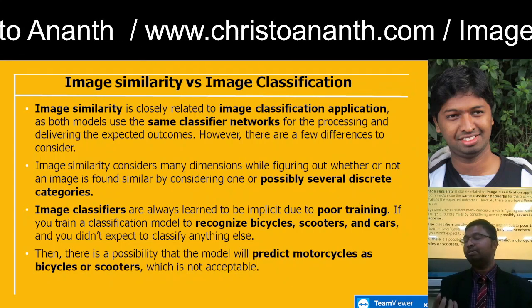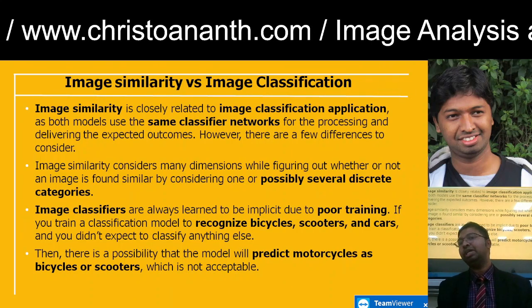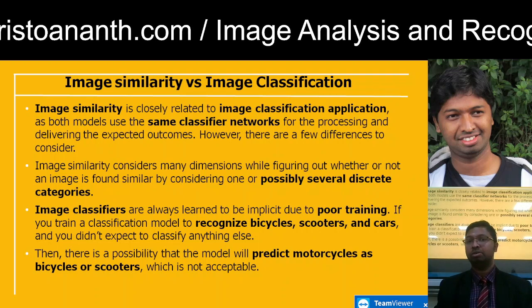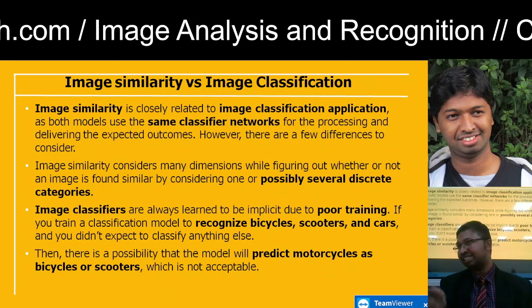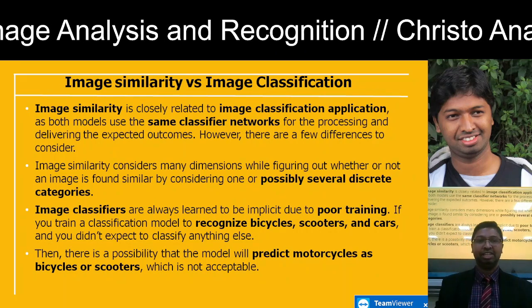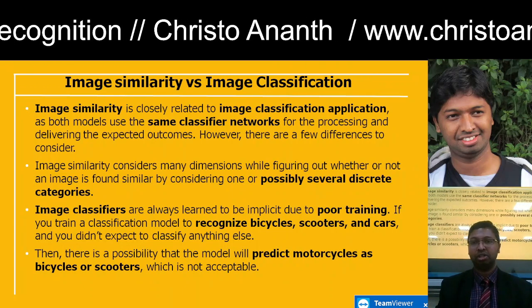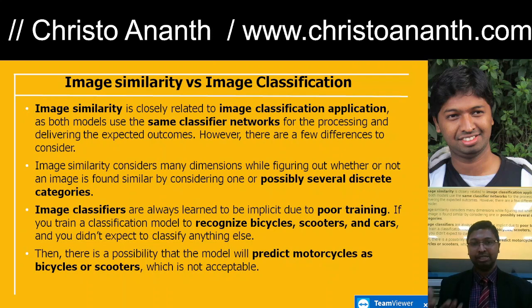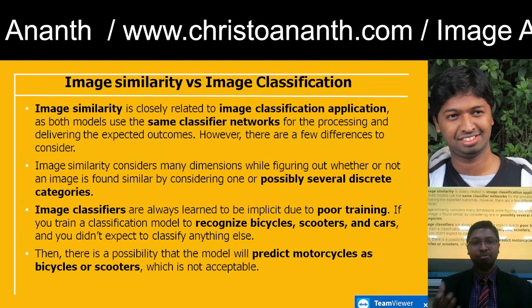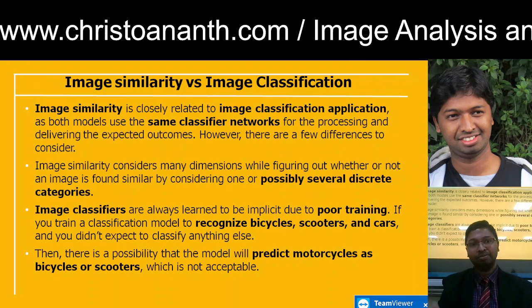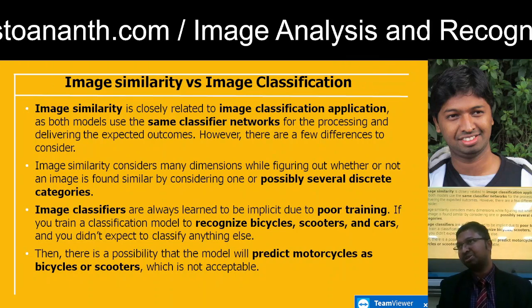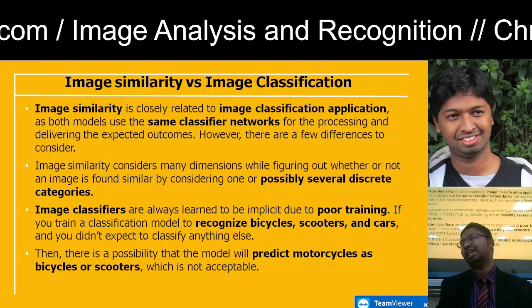For image classifiers, the model should be appropriately trained, so that you can recognize bicycles, scooters, cars, and go for classification. Otherwise the similarity model will predict motorcycles just like bicycles or scooters. That is the problem that we are actually facing.